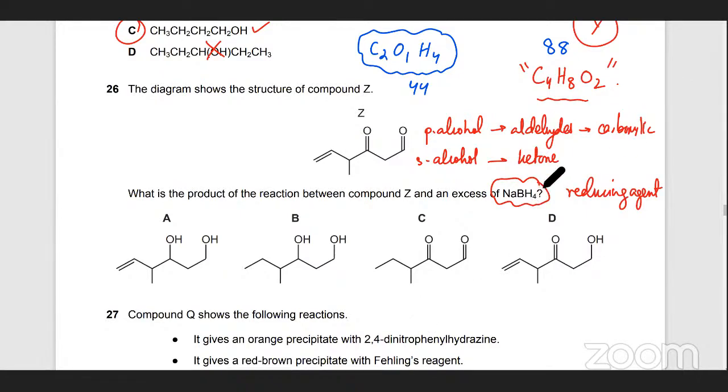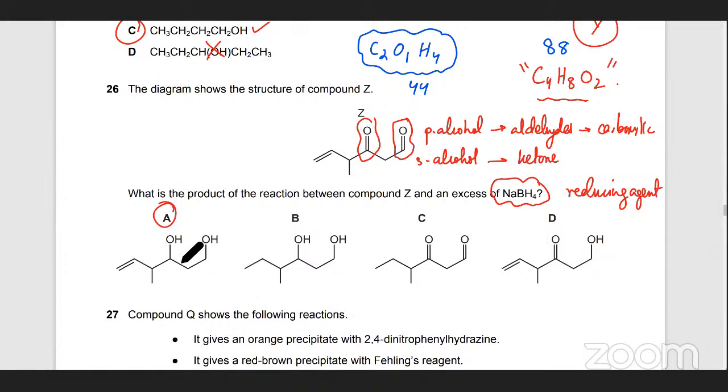It's not going to react with carboxylic acids though. It would reduce an aldehyde back to a primary alcohol. It would reduce a ketone back to a secondary alcohol. So basically, you have an aldehyde and you have a ketone. They're just going to turn into OH. So simply turn them into OH. So that's it. So it's probably going to be A.